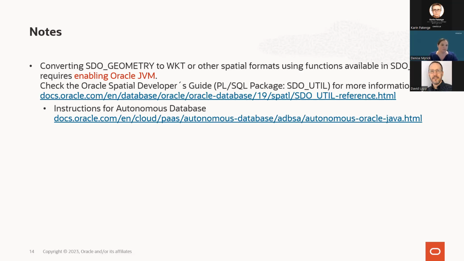The last example was to use the stdio_util package for this kind of conversion from geometry to GeoJSON or to well-known text. And these conversion functions require the Oracle JVM to be enabled in the autonomous database. There's a very easy call to do so, and I've included the link here with the documentation on how you can enable Java in an autonomous database.